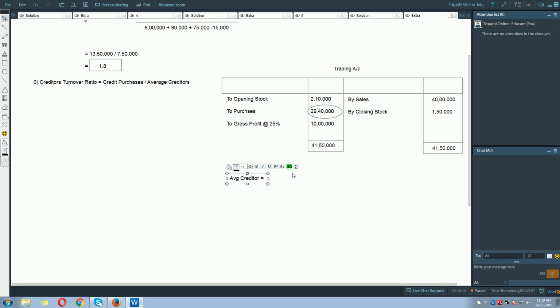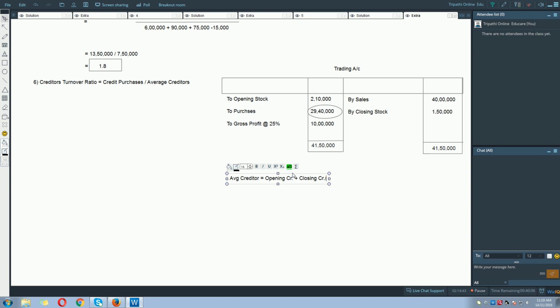So our credit side is more, 51,50,000. Okay, and same total we are going to record in the debit side, 41,50,000.